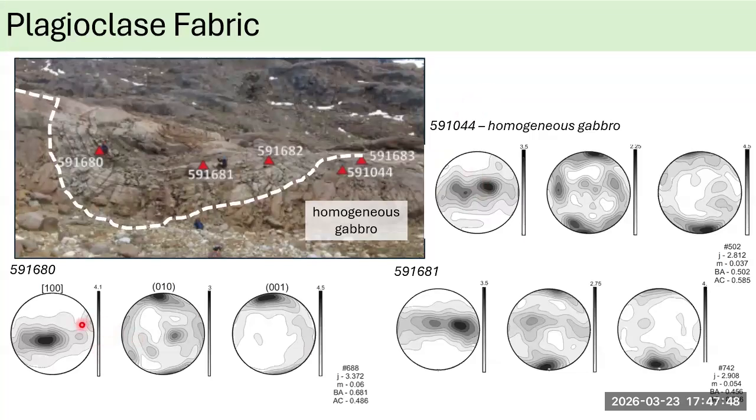But the point here is that in the trough layers, the whole fabric is much stronger, and the lineation is much stronger. You can see all these point maxima focusing in point concentrations, whereas here it's much messier, though there is a little bit of point maximum.